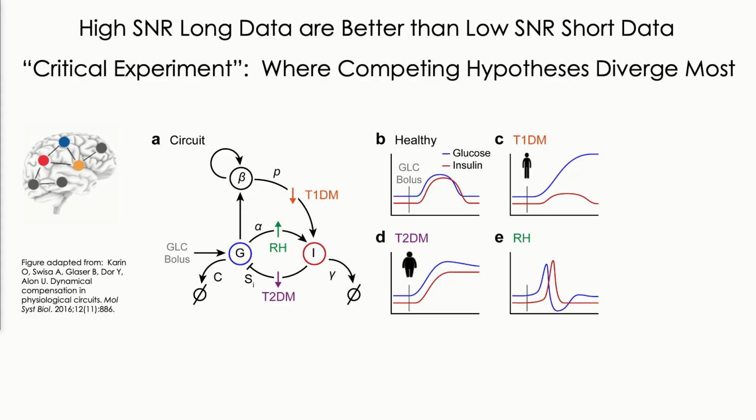The other thing you might want to consider is that one of the advantages of computational modeling is you can design what I call a critical experiment. What you want to be able to do is to set up your model to consider potentially competing hypotheses. So very often in neuroscience, there are many competing ideas about how the circuit is set up, what their functions are.